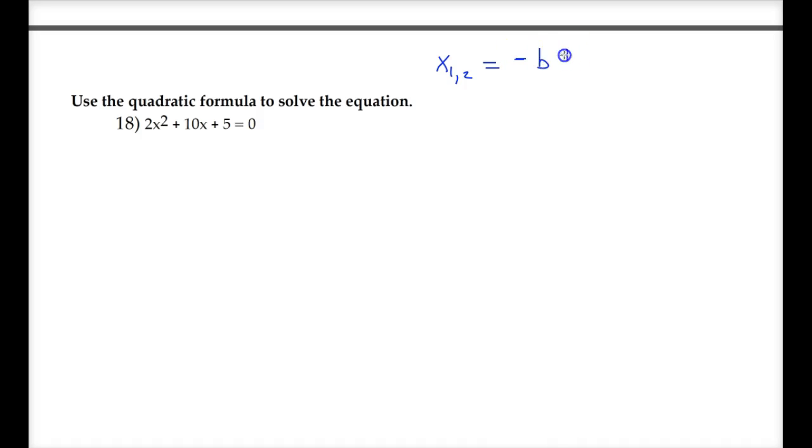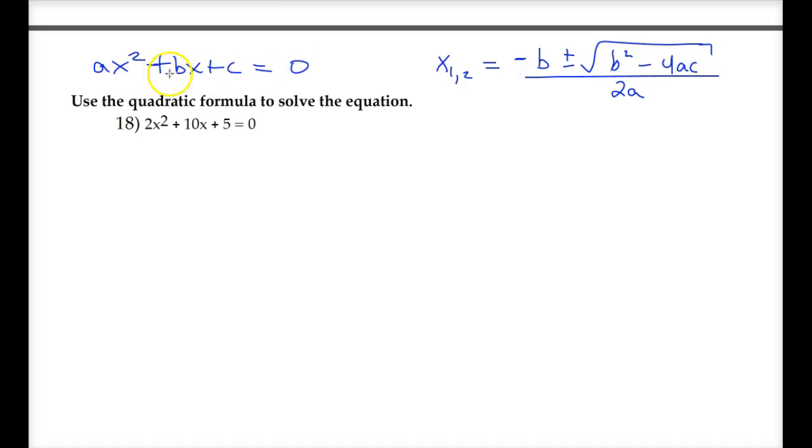The quadratic formula is minus b plus or minus the square root of b squared minus 4ac, all of that over 2a, where our a, b, and c come from our quadratic equation in this form. You can see from here that our a should be 2, our b should be 10, and our c should be 5. Let's make that equal sign look a little better.